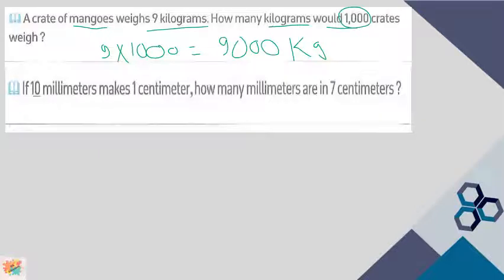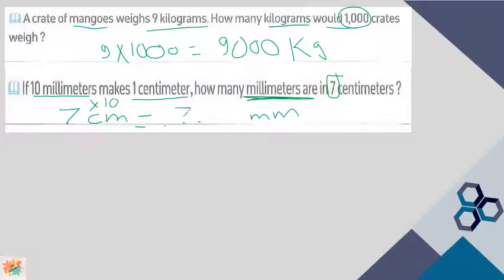The next: if 10 millimeters make 1 centimeter, and we already know that 1 cm has 10 mm. So how many millimeters are in 7 cm? He wants to know how many millimeters are in 7 cm. I tell him it's easy, we just said 1 cm has 10, so we will do 7 by 10 equals 70.